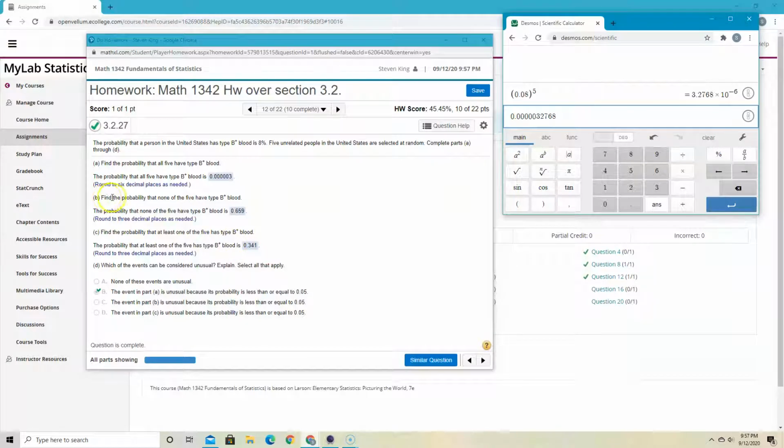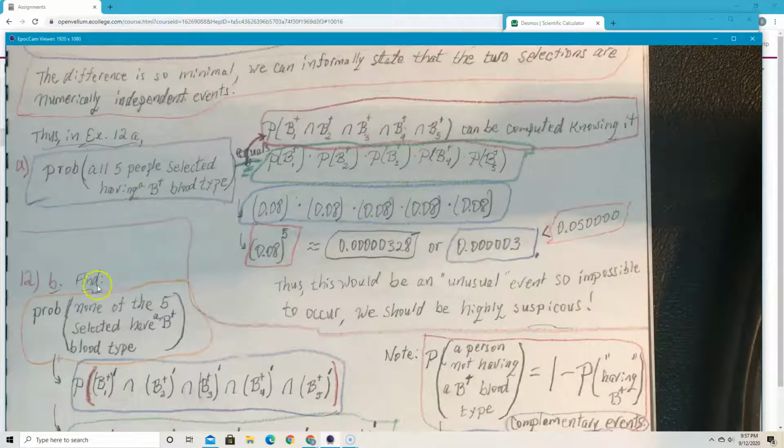Letter B. The probability that none of the 5 have type B positive blood. None of them. The probability that none of the 5 selected have a B positive blood type.